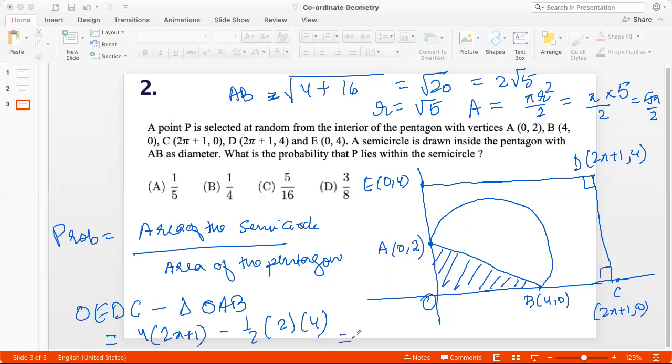So that becomes 8 pi plus 4 minus 4, and that's just 8 pi. So the area of the pentagon is 8 pi, and the area of the semicircle is 5 pi by 2. So my probability will be 5 pi by 2 divided by 8 pi, which is 5 by 16, option C.